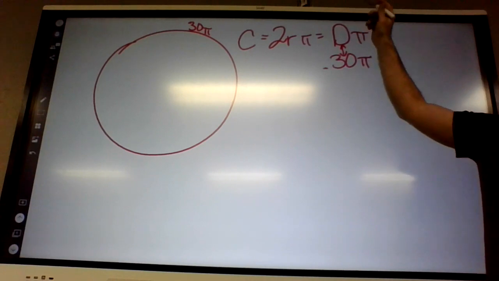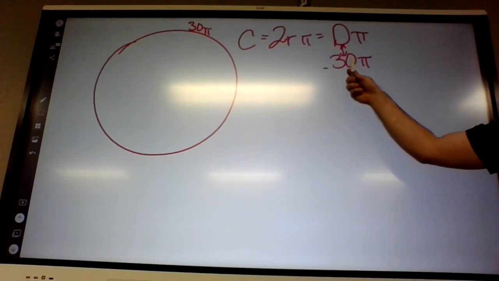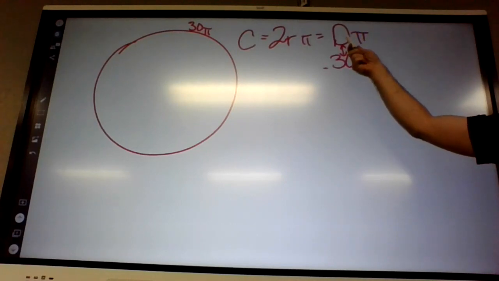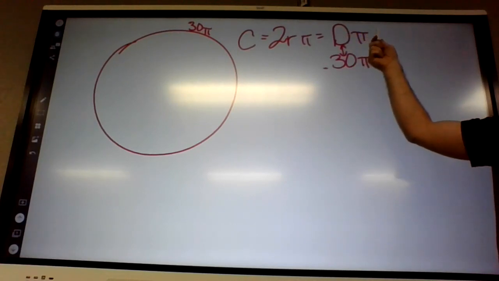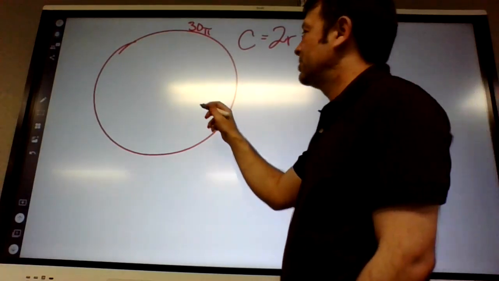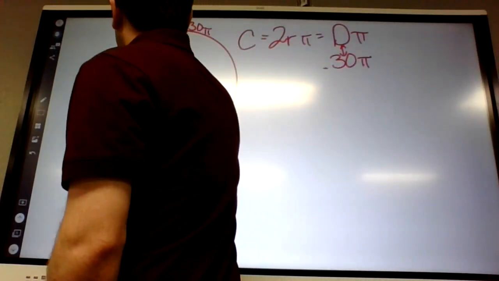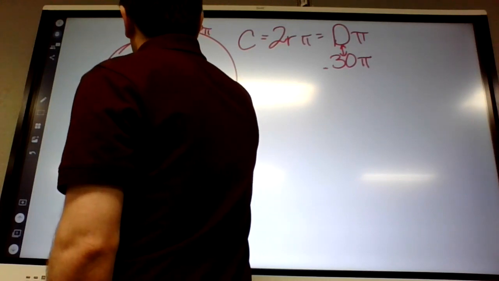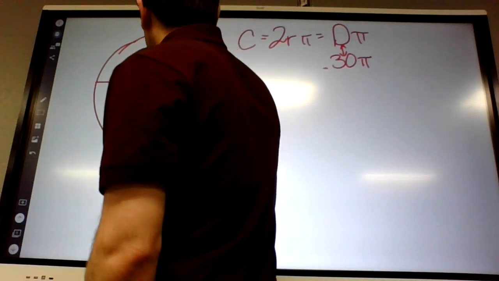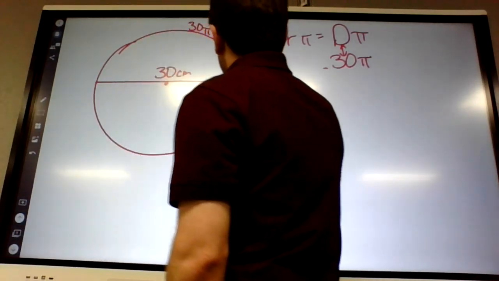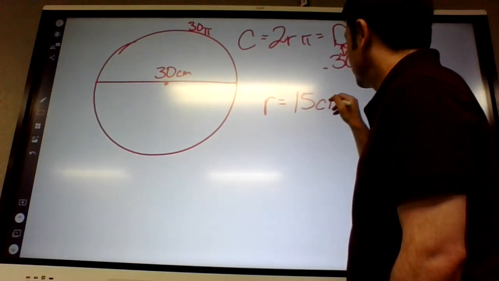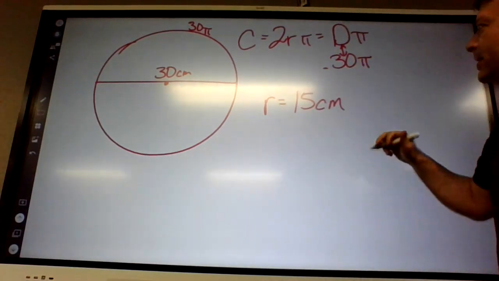If the circumference is 30 pi, and the circumference is equal to diameter times pi, the diameter must be 30. Yeah, the question was, what's the radius though? So the radius is 15. And then what's the area formula?